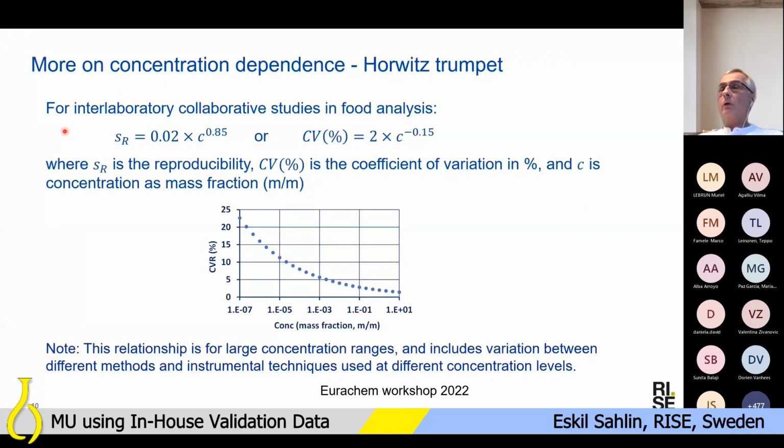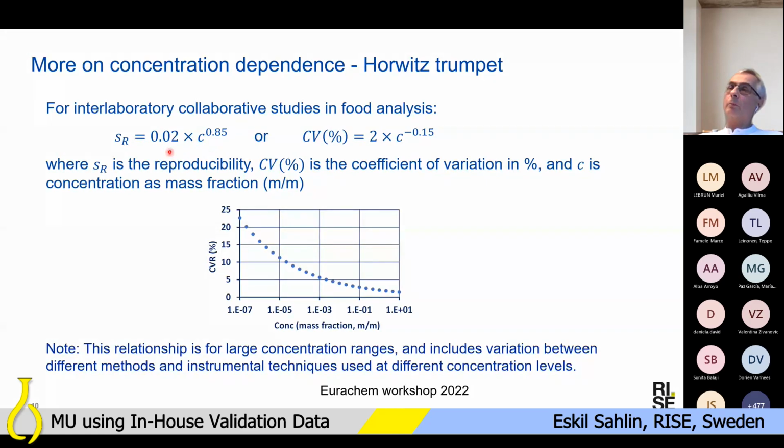We should also say something about this. There is something called the Horwitz trumpet, and it's a quite old relationship that they found when they compared interlaboratory studies. They took the standard deviation from interlaboratory studies in food analysis and plotted it against concentration, and they came up with a concentration dependence looking like this.